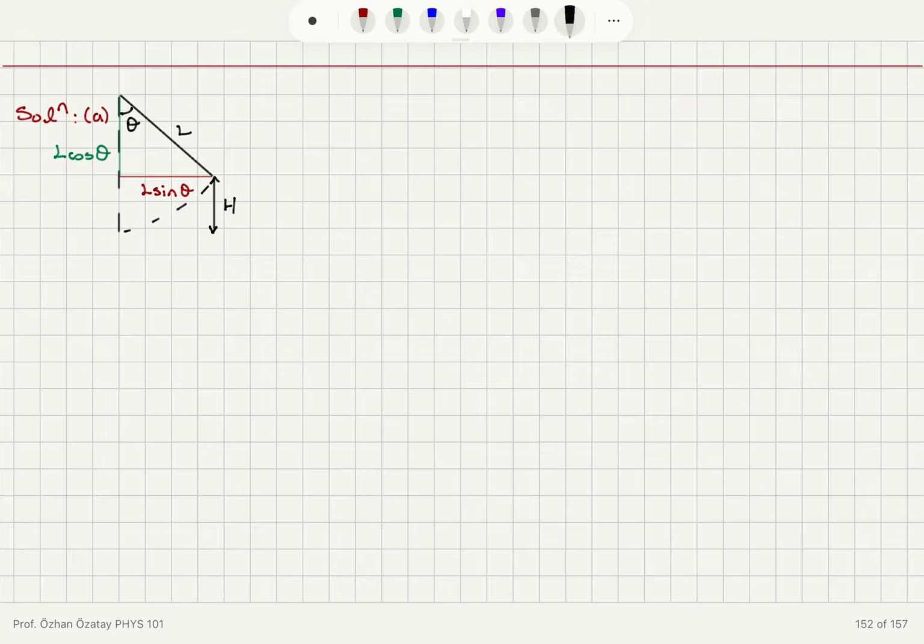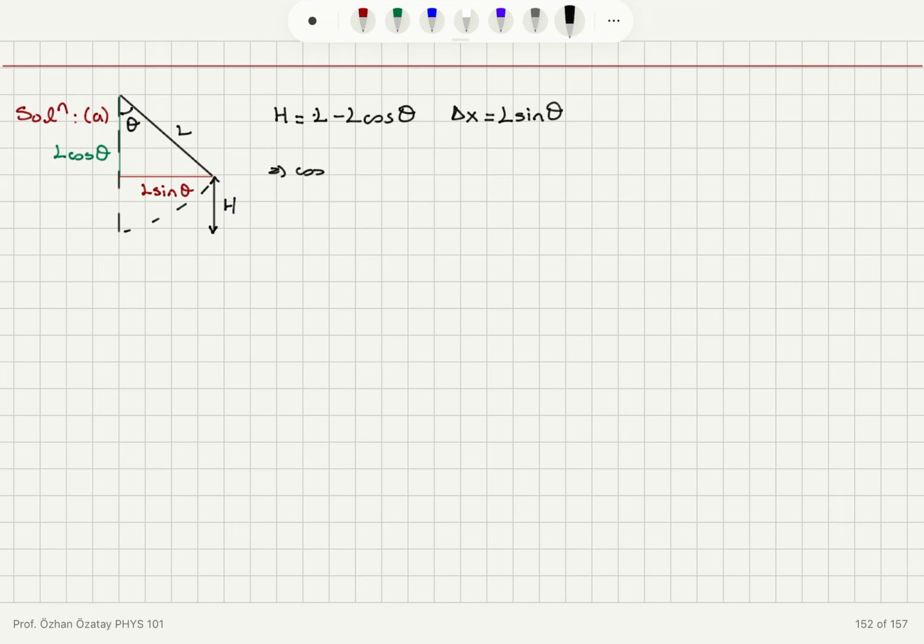So this allows me to calculate h as h equals L minus L cosine theta, and the distance I travel on the x-axis is L sine theta.